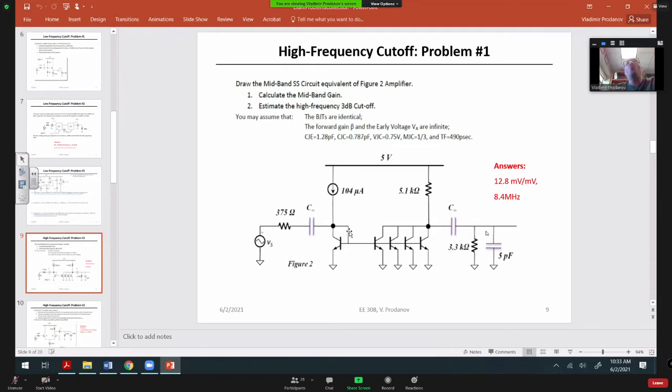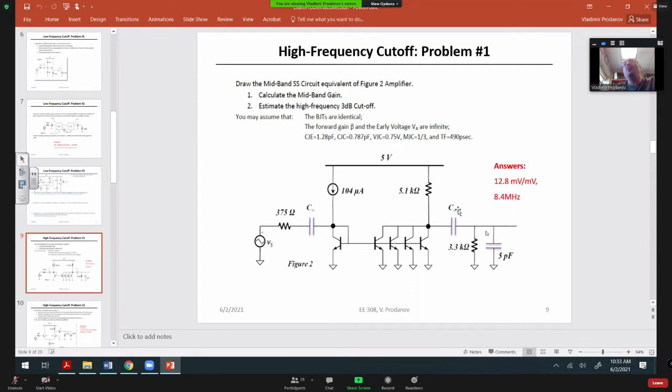You will not have one from the diode connected because you do have it, but it gets shunted out by the diode connection. So if you are to draw the small signal model of this, you will see that you have a lot of things in parallel. Then you could further combine and simplify, and at the end of the day, it will become quite a simple circuit to analyze.